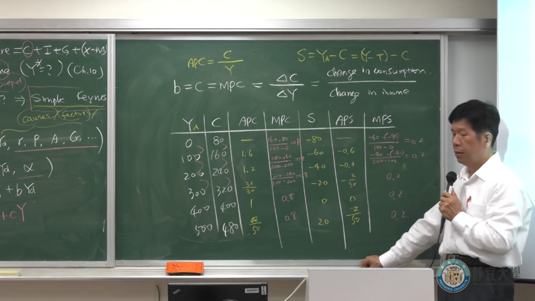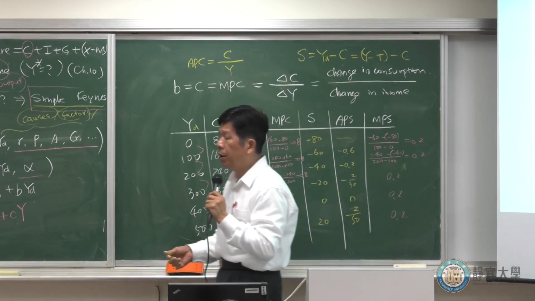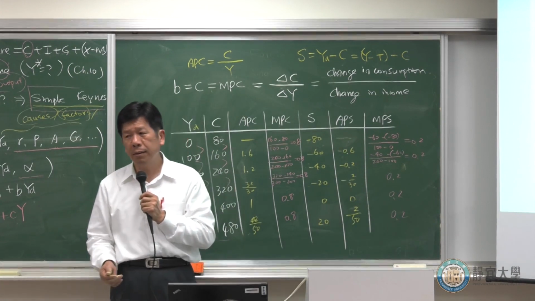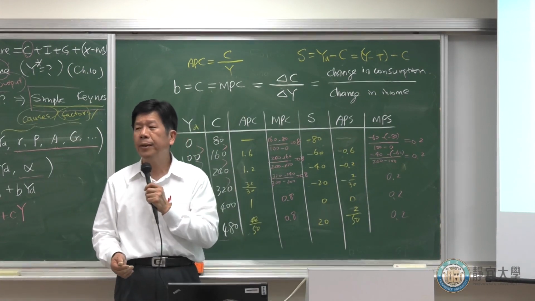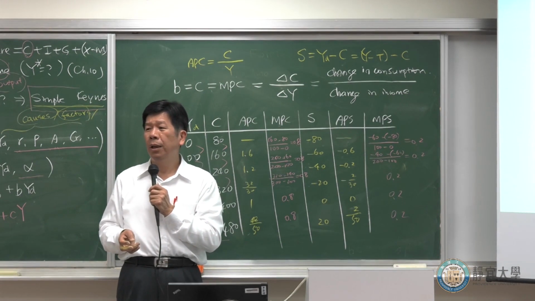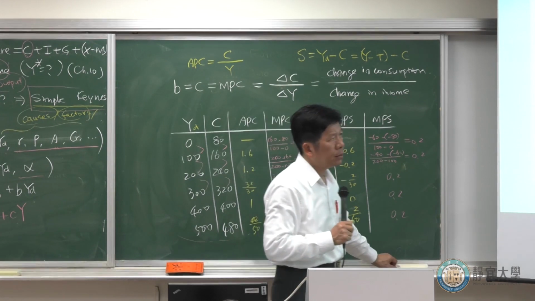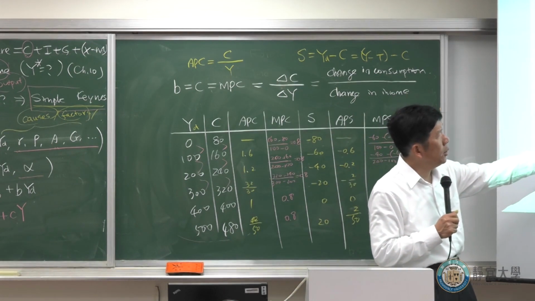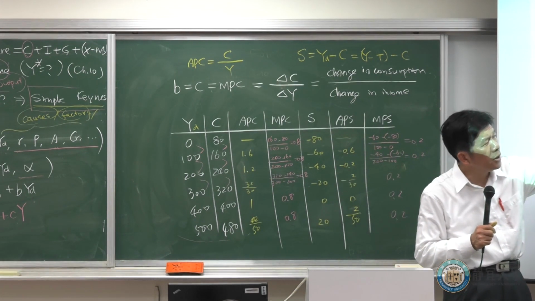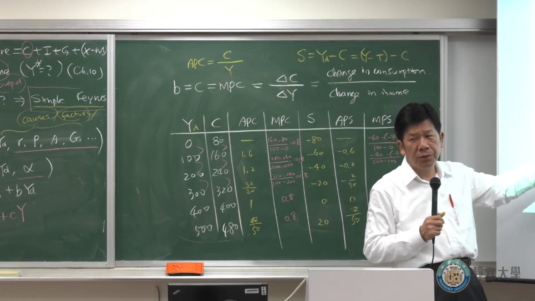So here, we can find something very important, we call the principle of psychology of consumption. You can look at MPC, we call marginal propensity to consume.